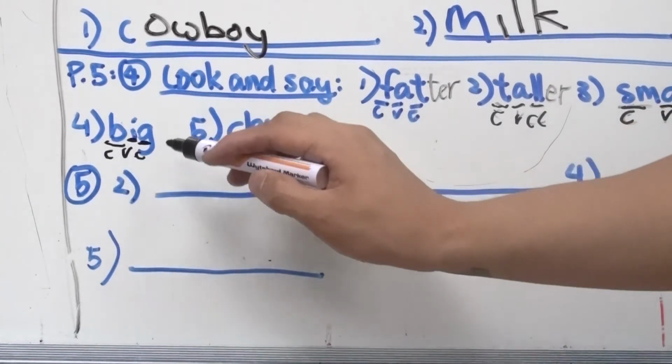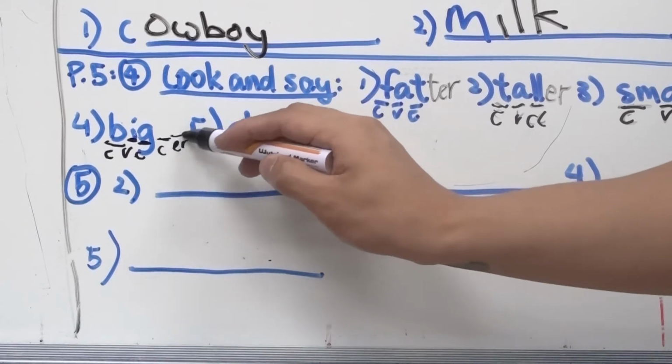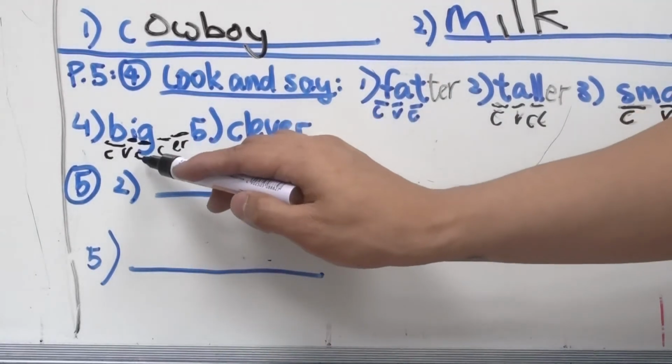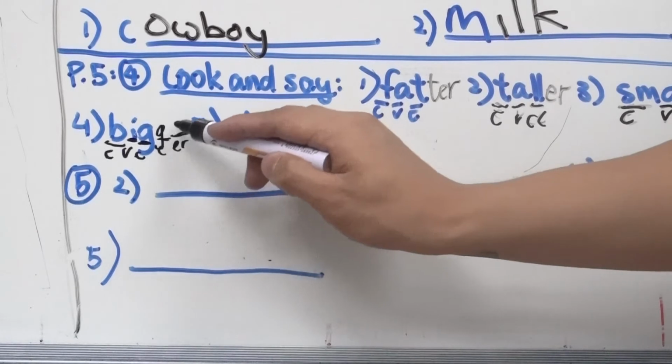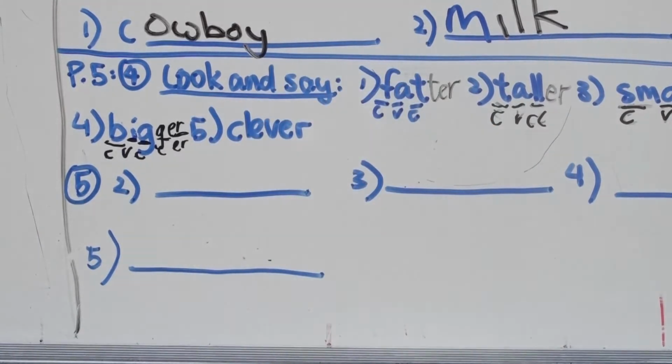We need to put another C and then ER at the end. So how do we spell bigger? B-I-G-G-E-R. Very good.